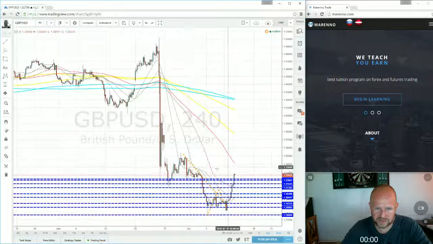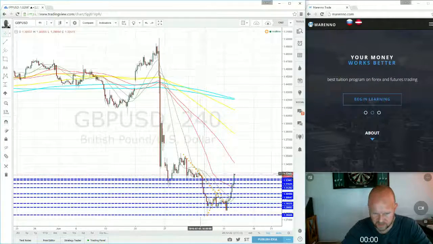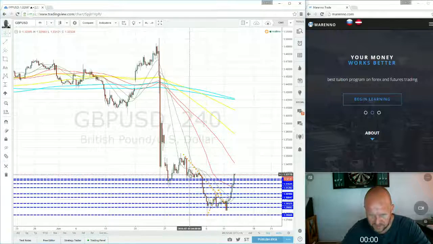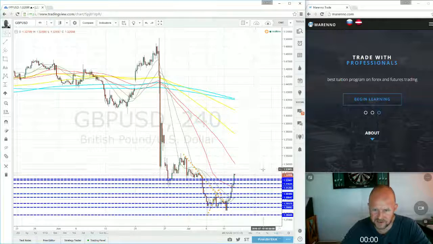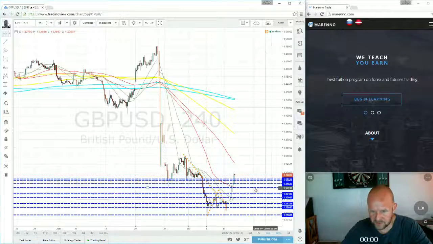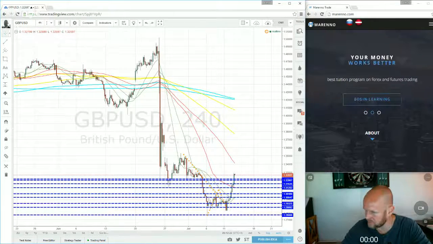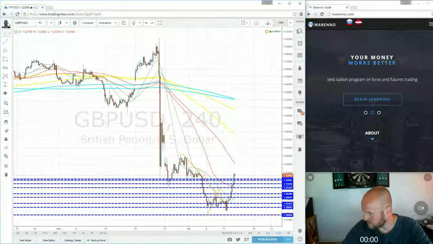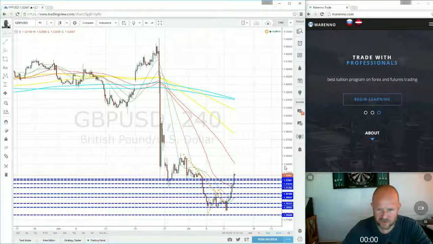The price is at a very good structural resistance area, because all my session levels have finished, and the European session has already finished as well.